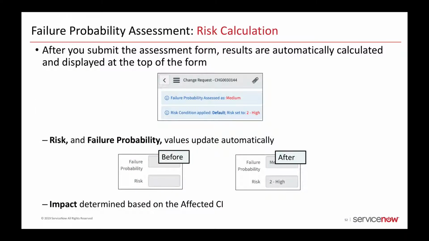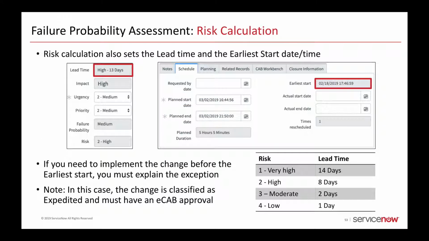For the failure probability assessment, after you submit the assessment form, an automatic risk calculation runs, and the risk and failure probability fields are then automatically updated according to the assessment. Risk calculation also sets the lead time and the earliest start date and time.